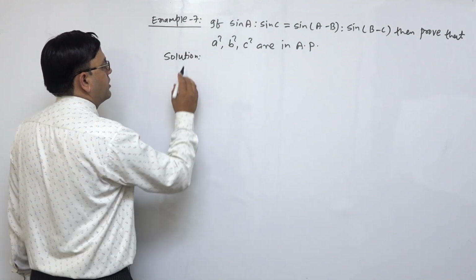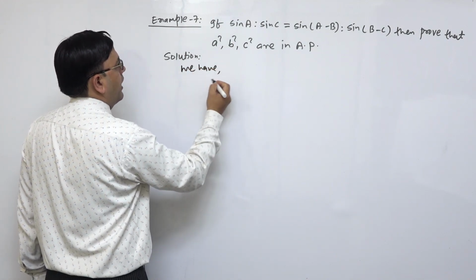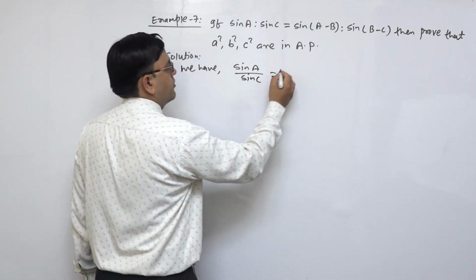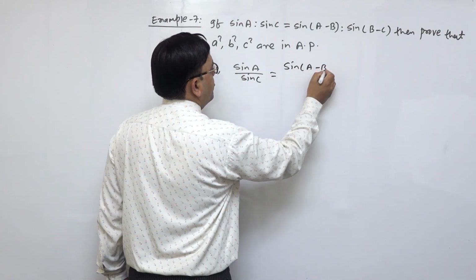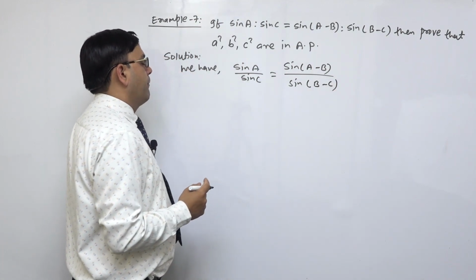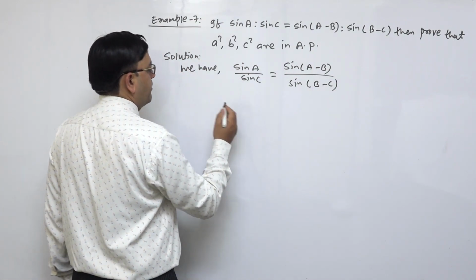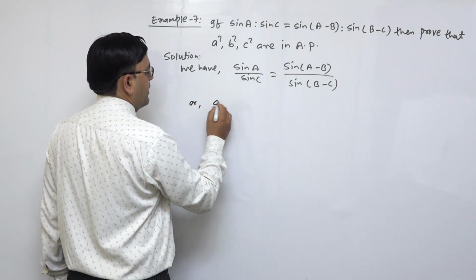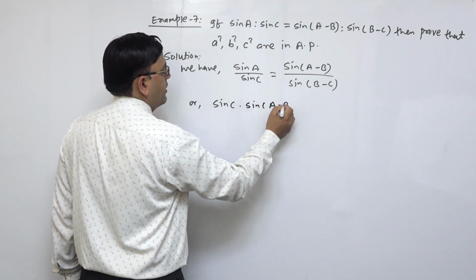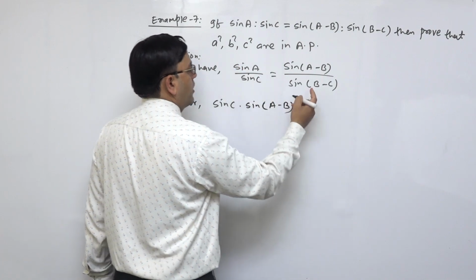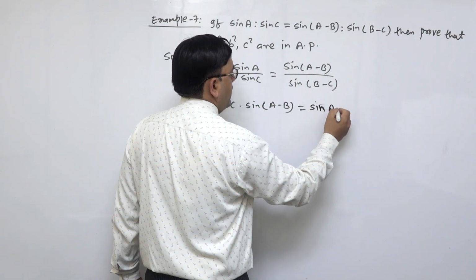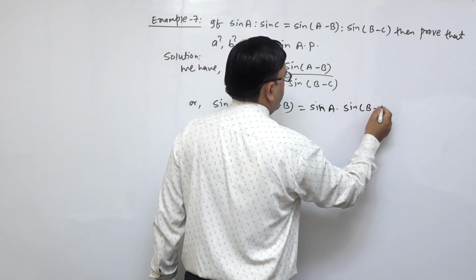We have here the given condition: sin A upon sin C is equal to sin(A minus B) upon sin(B minus C). Now by cross multiplication we can write sin C times sin(A minus B) is equal to sin A times sin(B minus C).